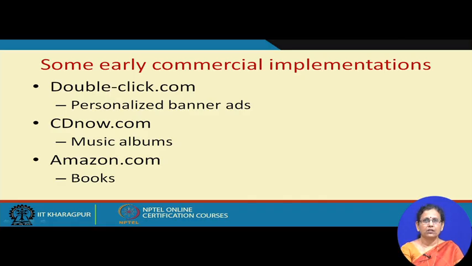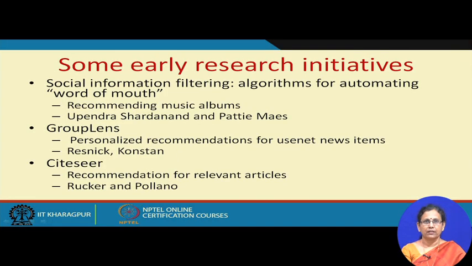DoubleClick.com used to provide personalized ad services, recommending personalized banner ads. Then there was CDNow, which used to suggest music albums. These are some of the early initiatives, but nowadays almost every site has a recommender system. We are going to see now how these recommender systems work.